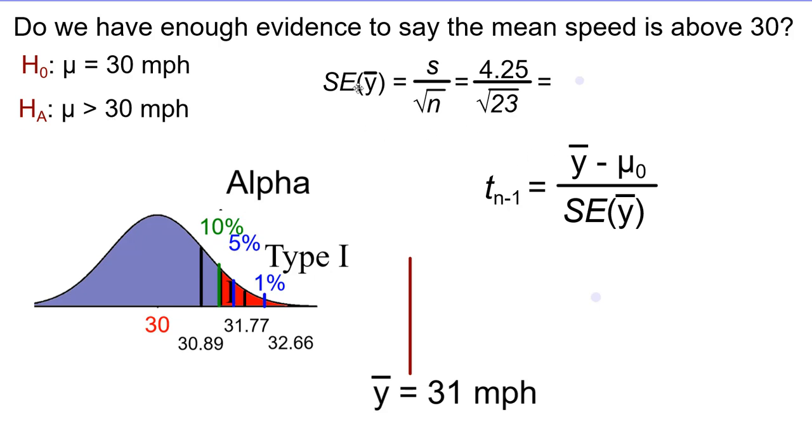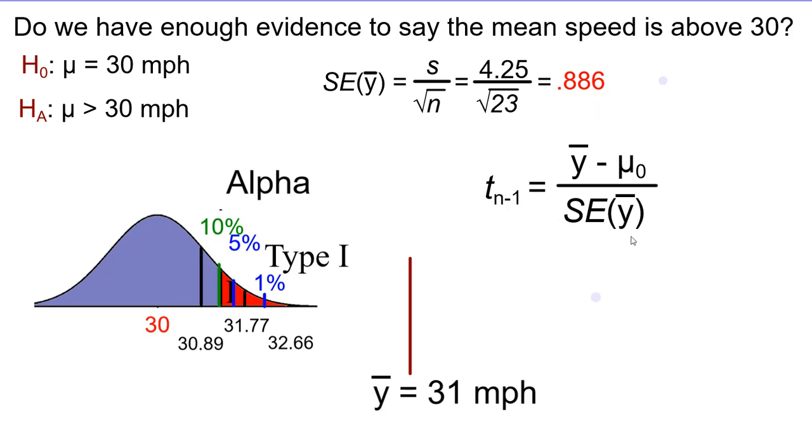To find the standard error for the sampling distribution model, which is going to be based off of the assumption that the null is true, that's how we calculate our p-values. We plug in the standard deviation of the sample and the sample size of 23, which gives us the same value we had with the confidence interval.